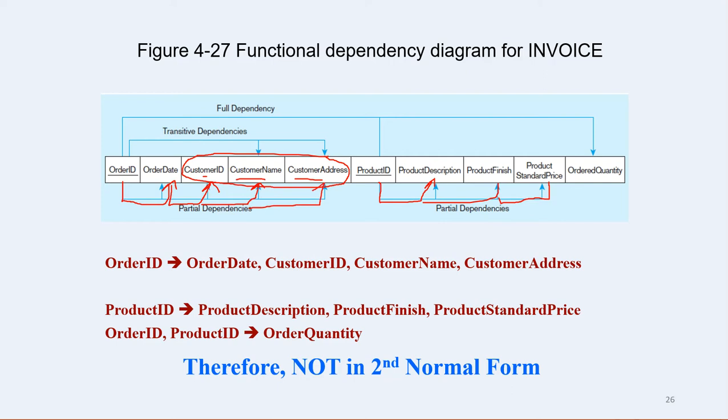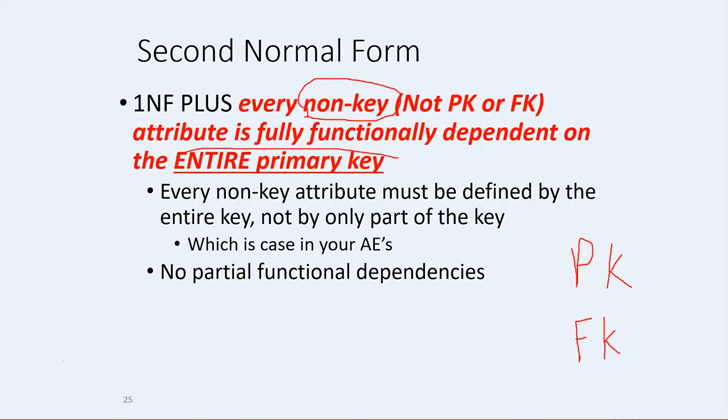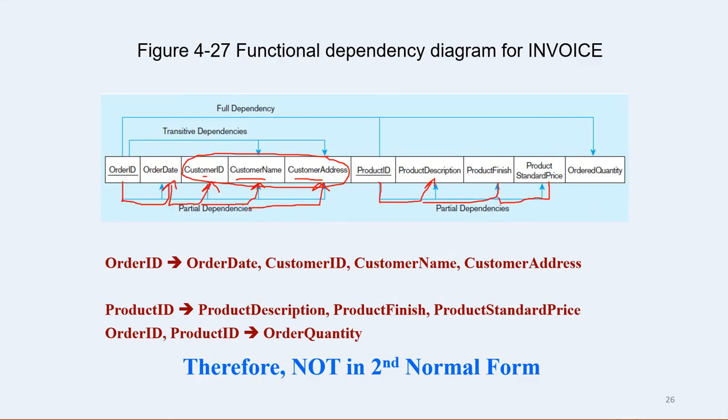So customer name and customer address are not fully dependent on, or determined by, customer ID. They're also driven by order ID. So in second NF, we will say that order ID is the determinant of order date, customer ID, customer name, customer address. This part was pretty straightforward. Now comes another tricky part.